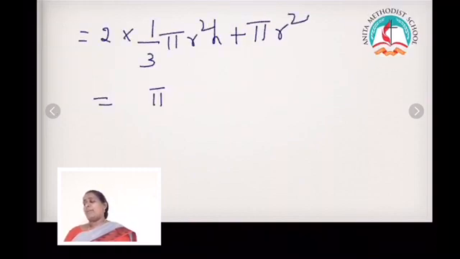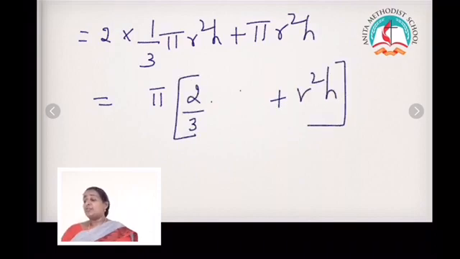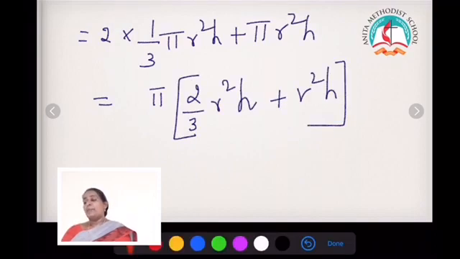Children, now we apply the formula. We have 2 cones, 2 into 1 by 3 pi r square h, plus pi r square h, because this is the volume of the cylinder. Shall we take pi commonly outside? So for 2 cones, 2 by 3 pi r square h plus r square h.